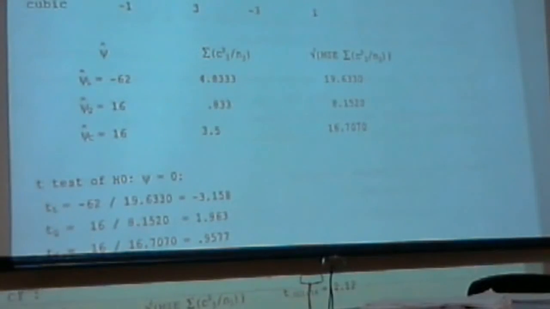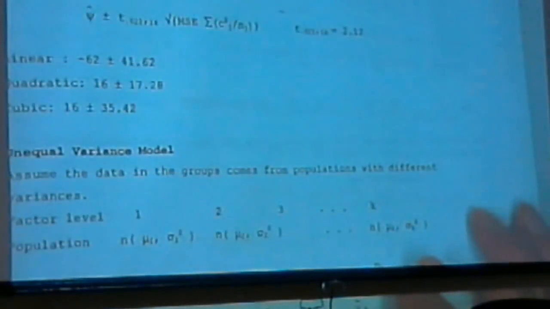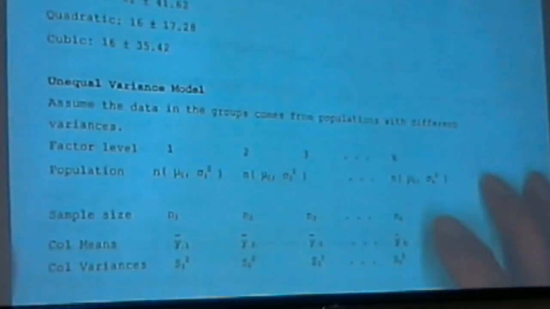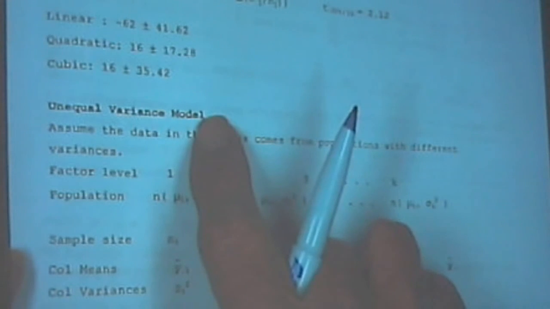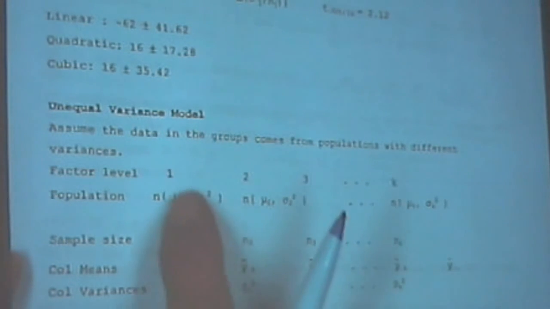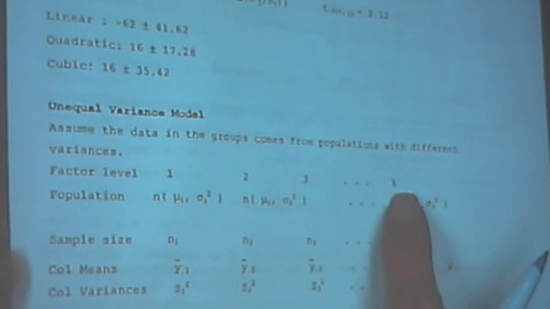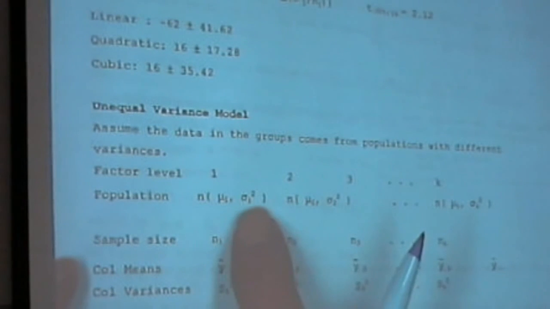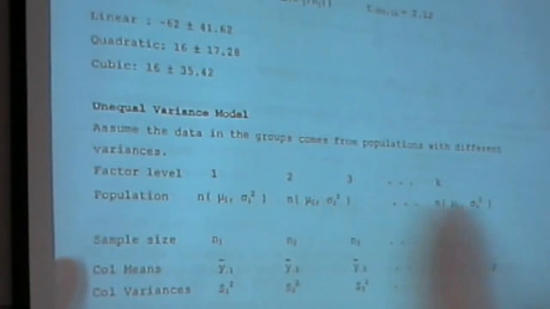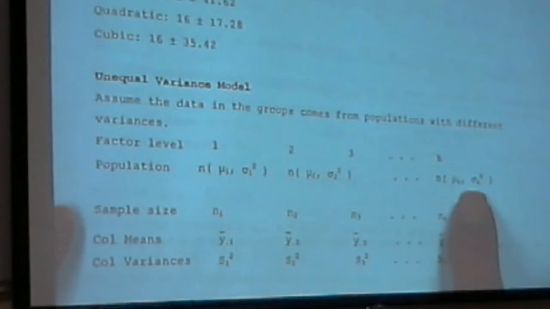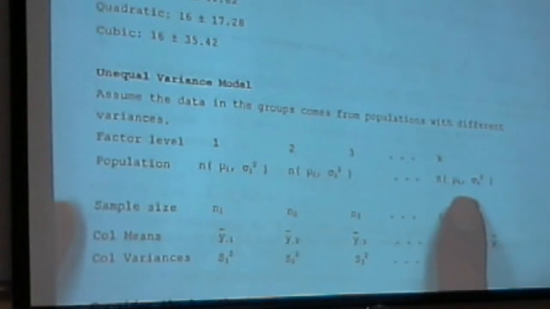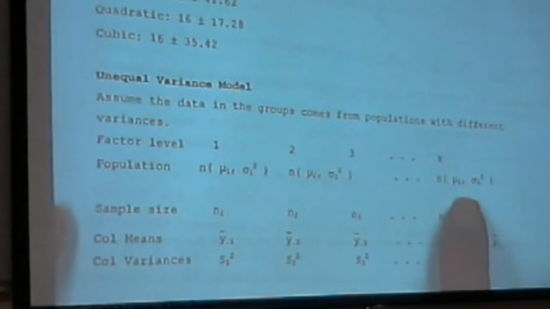And then when we get to page 9, finally, here's what I was looking for. It talks about the unequal variance model on page 9. Here the factor levels have populations connected with them, which have potentially different variances, notice. Different means and different variances, normal distributions still being assumed.